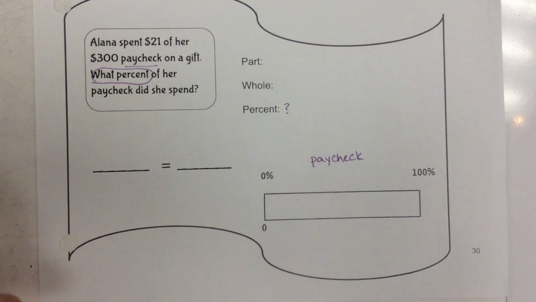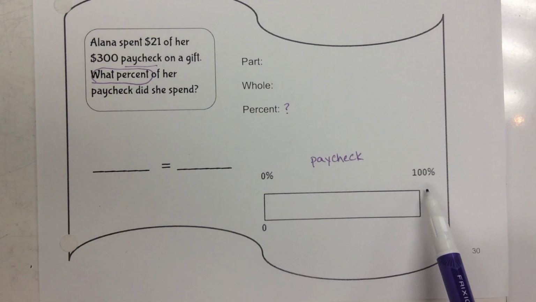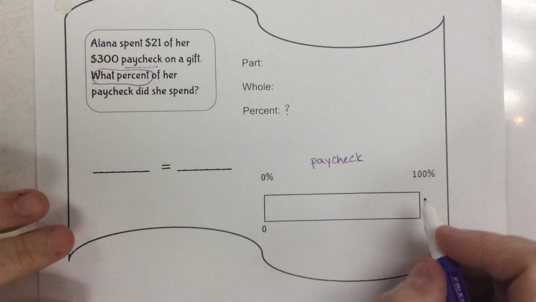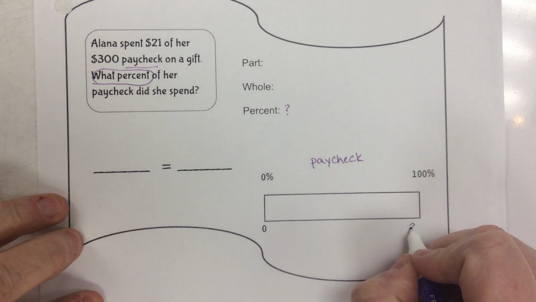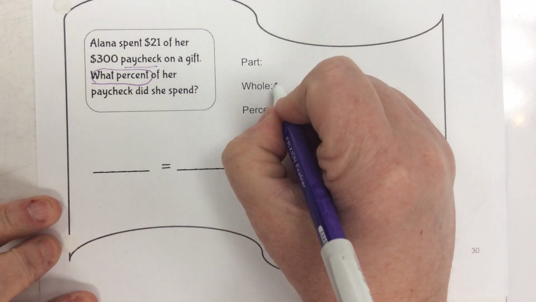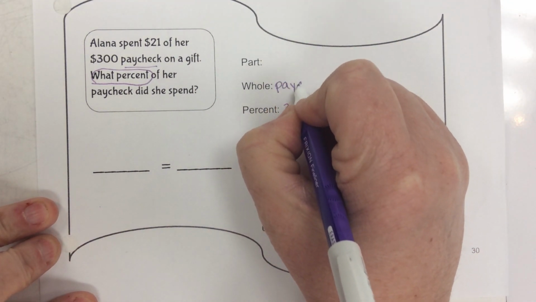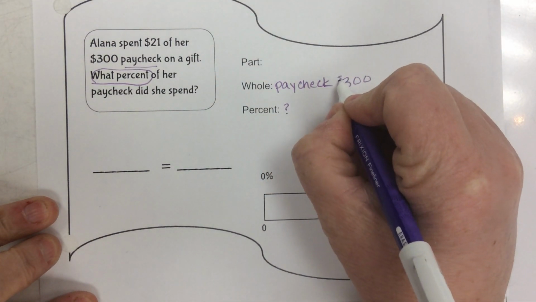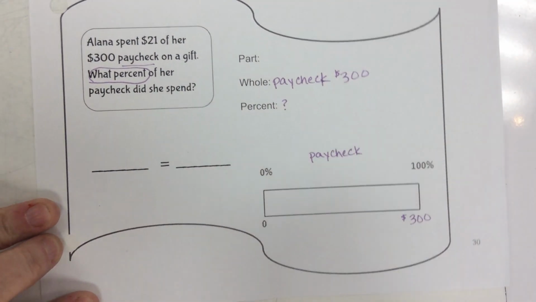What number represents 100% of the paycheck? $300. That is the whole. So 100% represents $300, the whole paycheck.